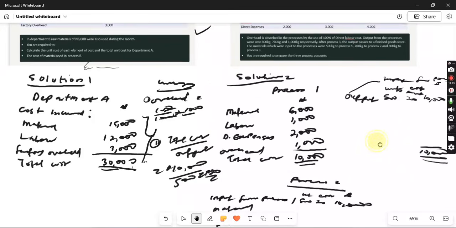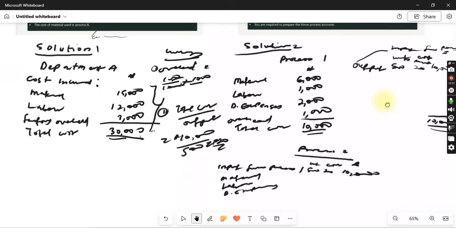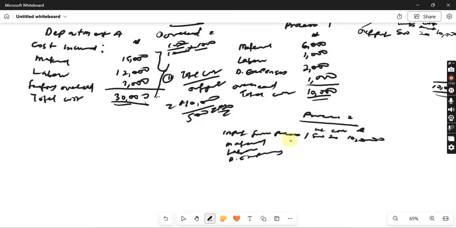We have 4,000, 2,000, and 3,000 respectively: 4,000 for material, 2,000 for labor, and 3,000 for direct expenses. So at the end of the day, we have a total of 19,000.